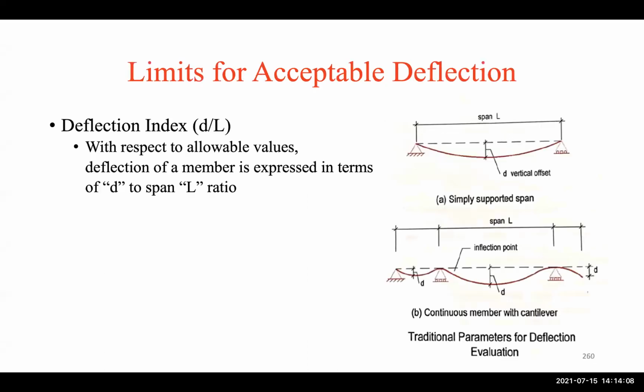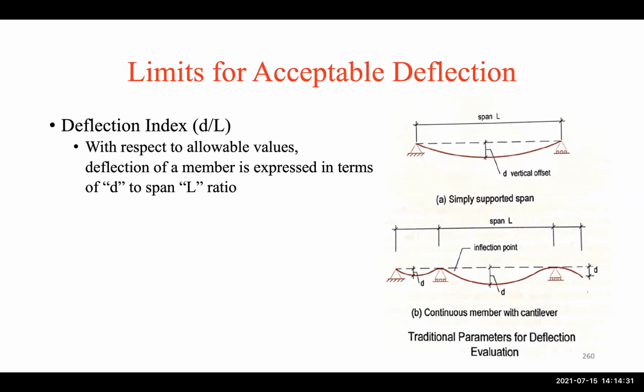So for the slabs, we have a plate that we need to check the deflection for. So it's not simple. We have different methods that we will talk about that can be used to determine the deflection.